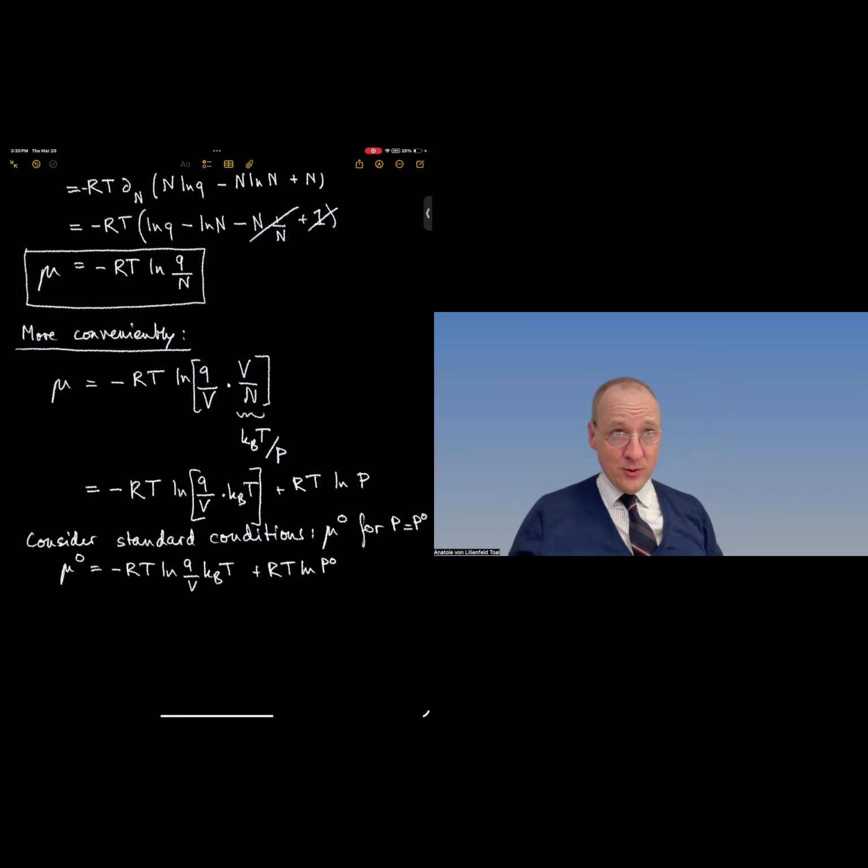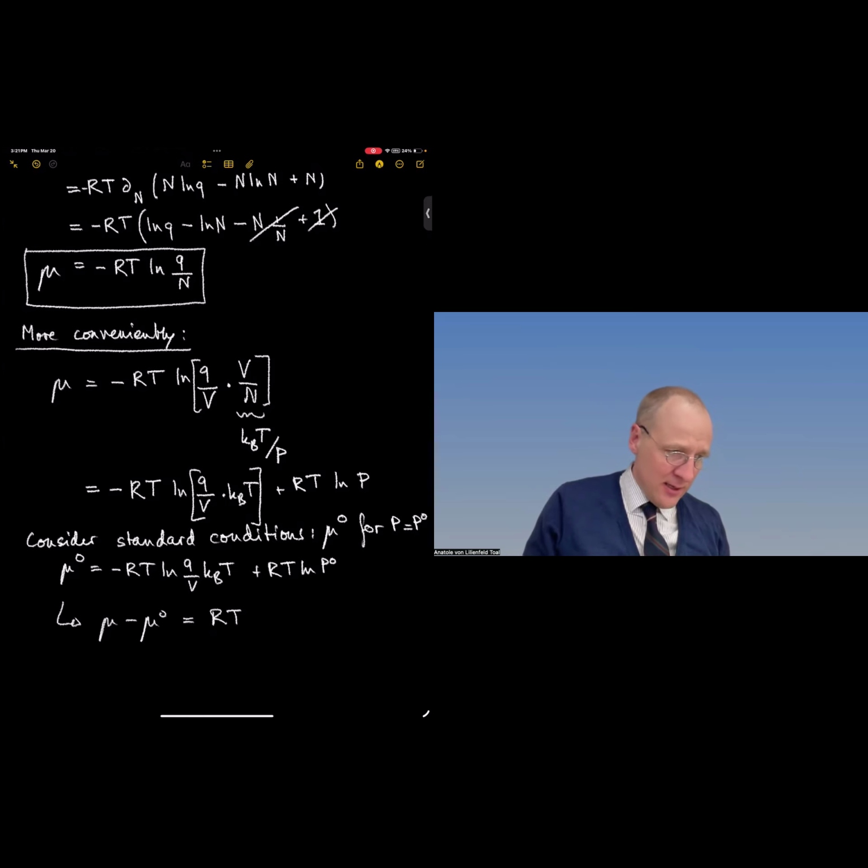And if we now use that as a reference, and we want to describe how things change for a different pressure, we can subtract the standard mu. And then you see that the entire first term is the same. And you're left with RT logarithm of P over P0. Right?